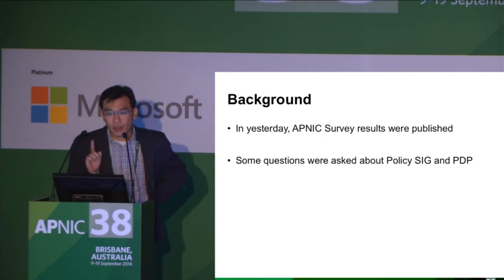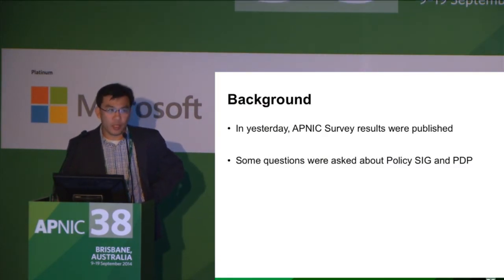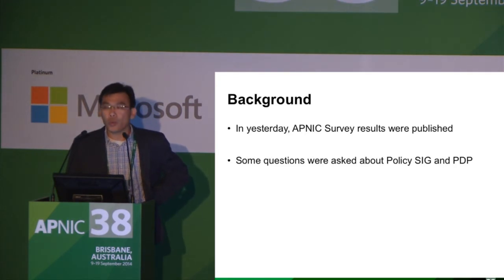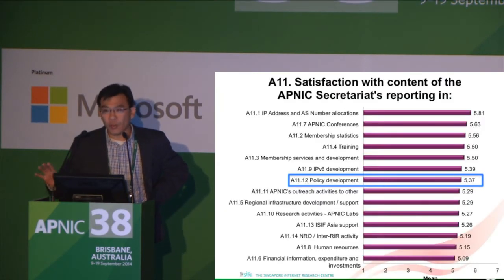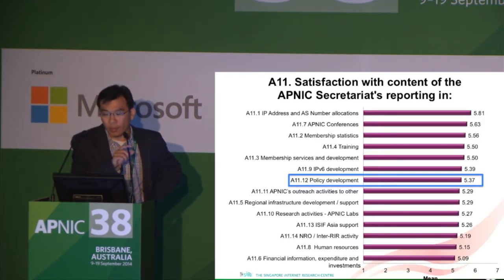Next one is the survey result discussion. As you may know, the APNIC survey result was published yesterday, and it has some questions asked about the policy SIG and also the PDP. So I would like to pick up topics related to us, and also have a community discussion about these.